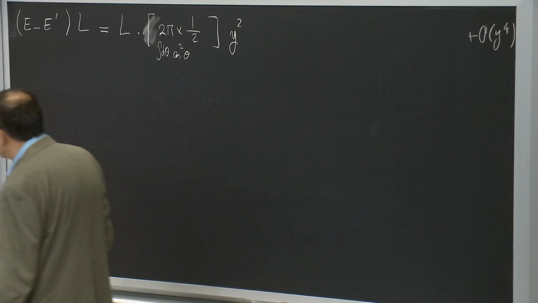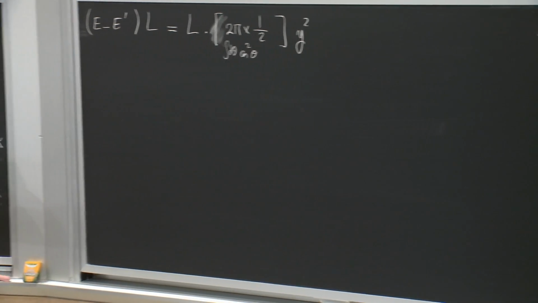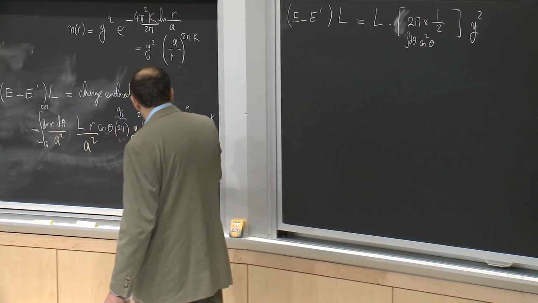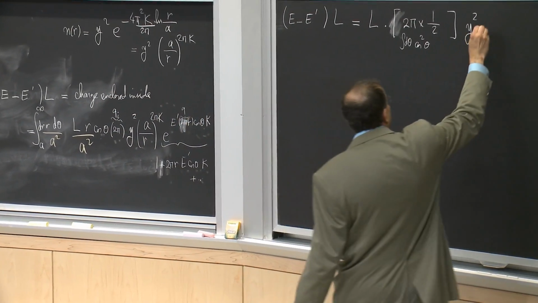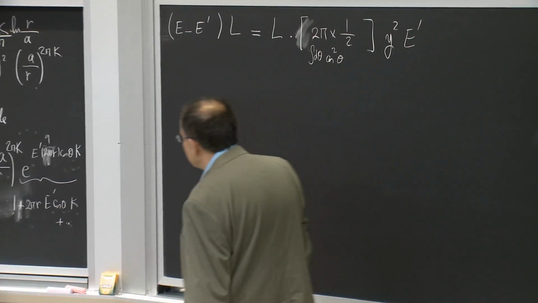Okay, so we got rid of the y squared. We have a factor of E prime from the expansion here.